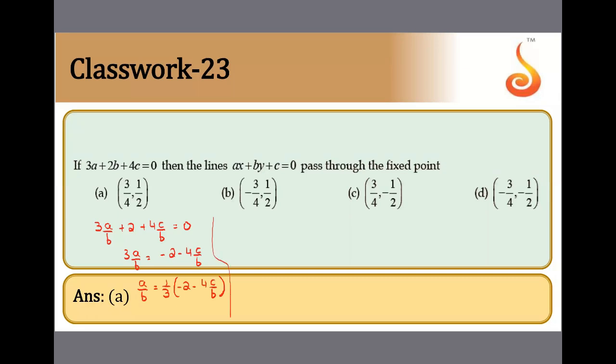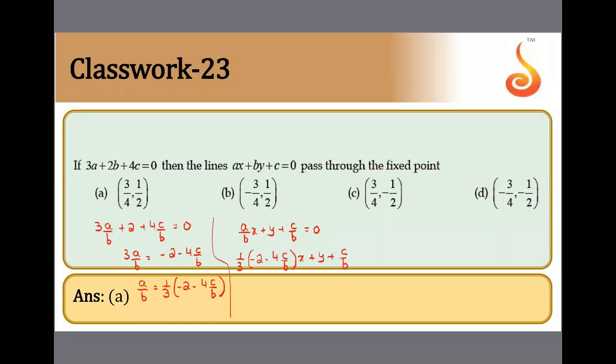Now we come to this one. We divide by b: a by b x plus y plus c by b equal to 0. I think every competition this type of question they've asked. So what is a by b value? 1 by 3 times minus 2 minus 4c by b into x plus y plus c by b.